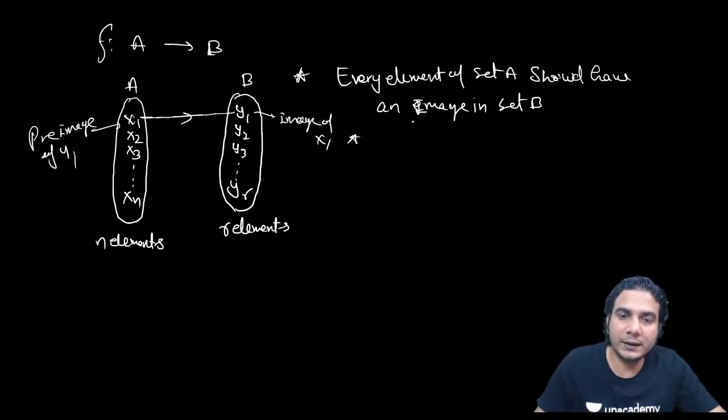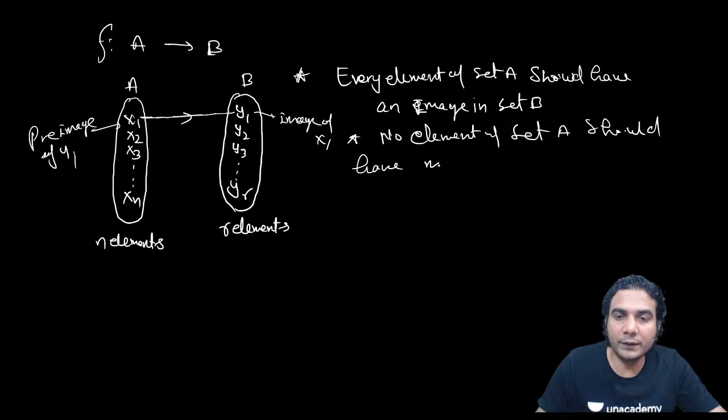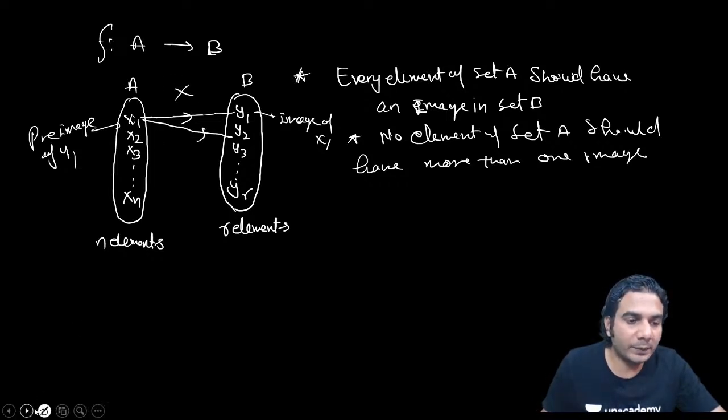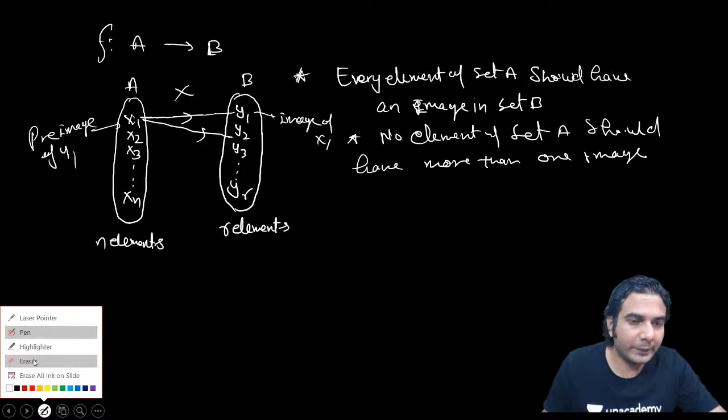This is the first condition, and no element of set A should have more than one image. That means it can't be like this, okay? This is not valid. So one element cannot map to two. It should map to only one, okay?